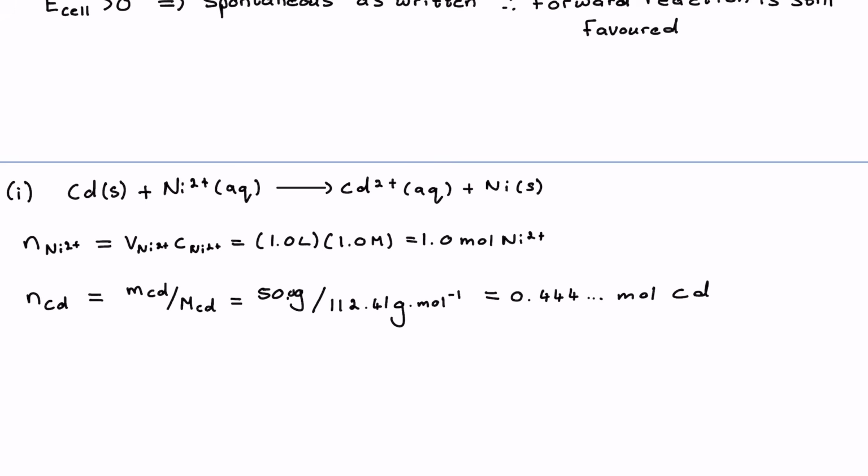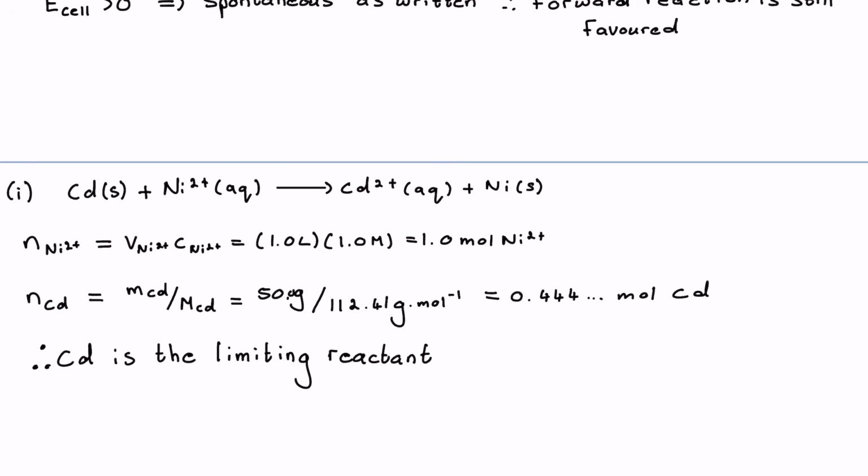Because these two species react in a 1-to-1 fashion, we can clearly see that the cadmium is our limiting reactant in this case. There's 1 mole of the nickel 2+ and there's only 0.44 mole of the cadmium. So therefore the cadmium is the limiting reactant.